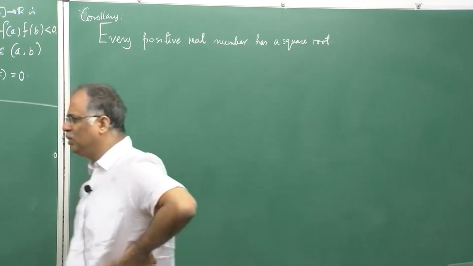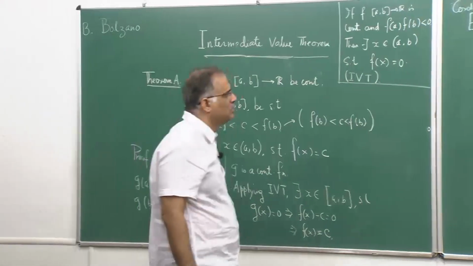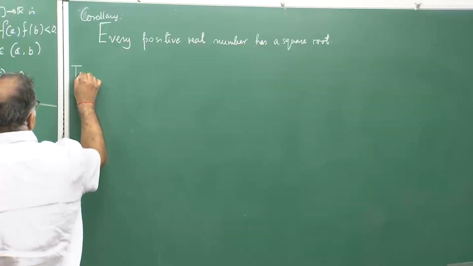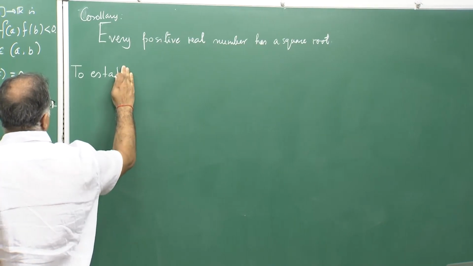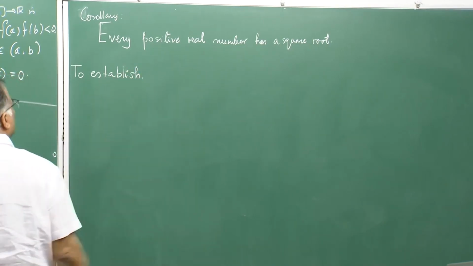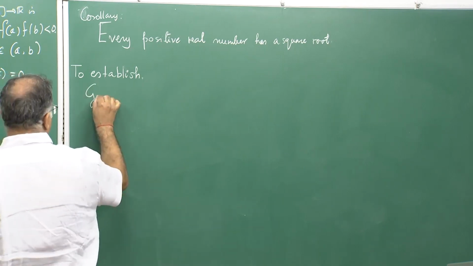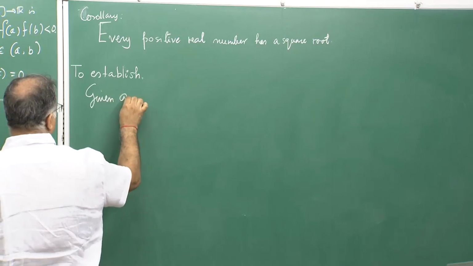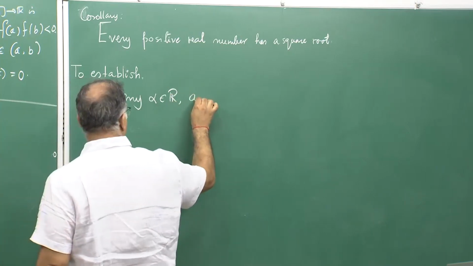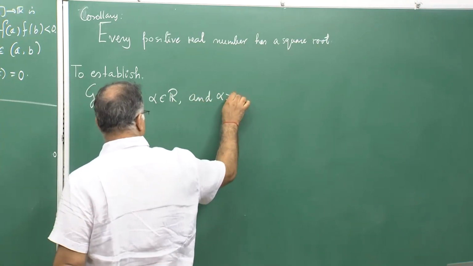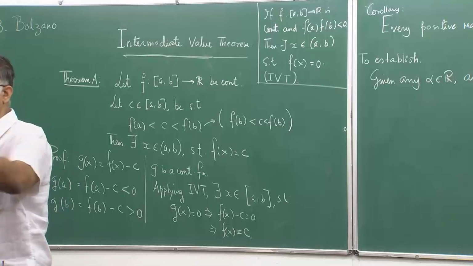So, in order to prove this, what do I have to establish? I have to establish the following fact: given any alpha element of R and alpha greater than 0, there exists another real number x whose square is this number.